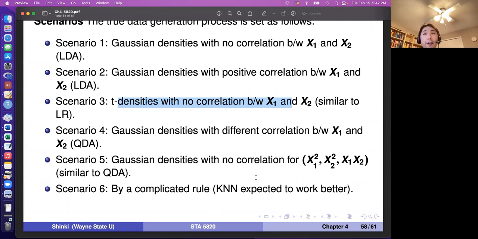But for logistic regression, that distribution is just exponential, maybe exponential of the negative absolute value of x. So if x is really large, such as 100, it still negatively affects the entire likelihood, but it affects it less compared to the Gaussian density.